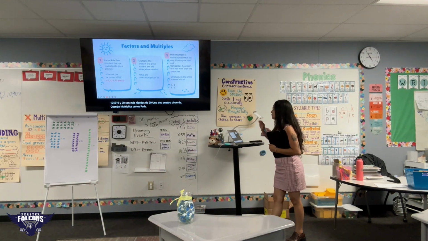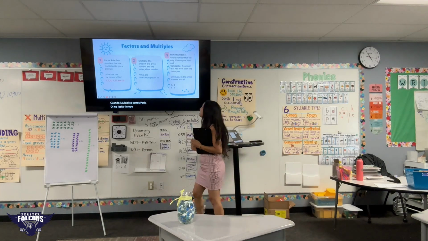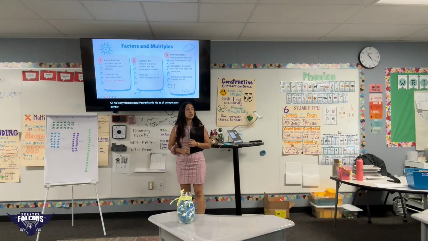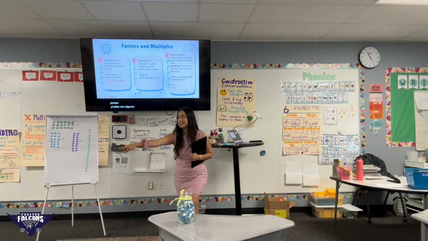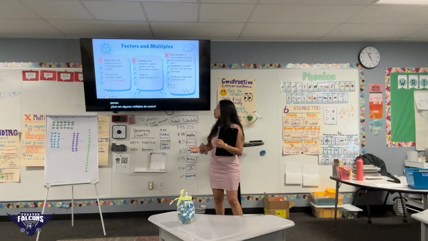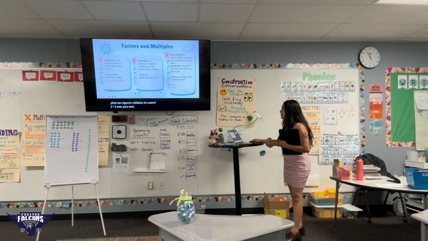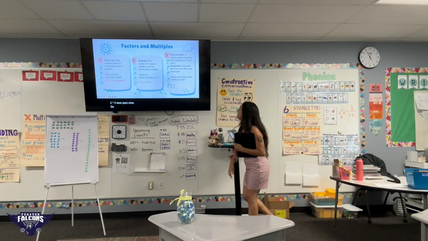Uy, no les di tiempo para pensar. I didn't give you thinking time. ¿Cuáles son unos múltiplos de 4? What are some multiples of 4? Yes. 2 times 2. 2 por 2. Eso. Okay, thank you, my friend, for your participation.